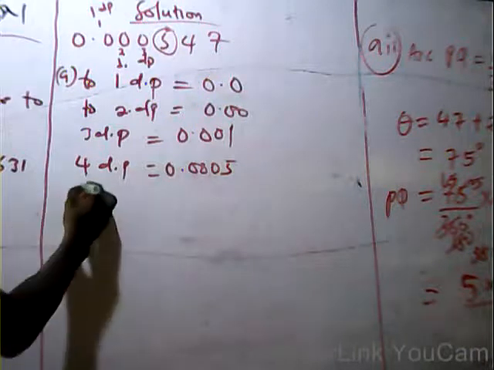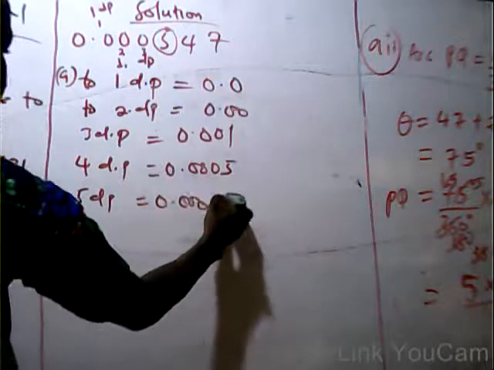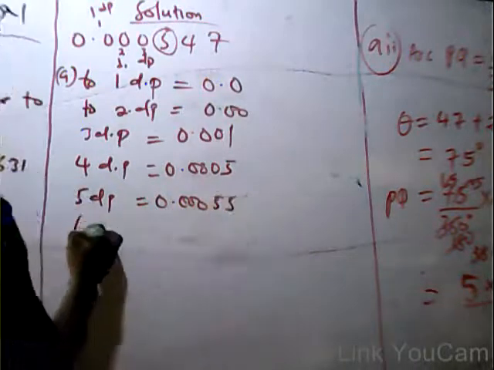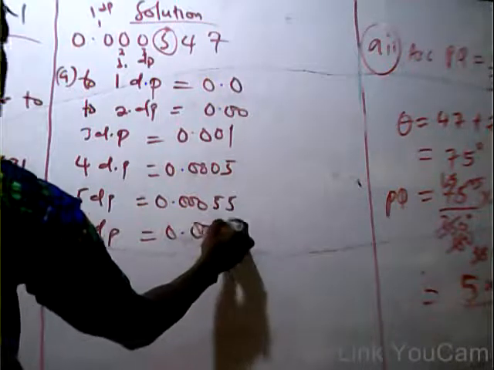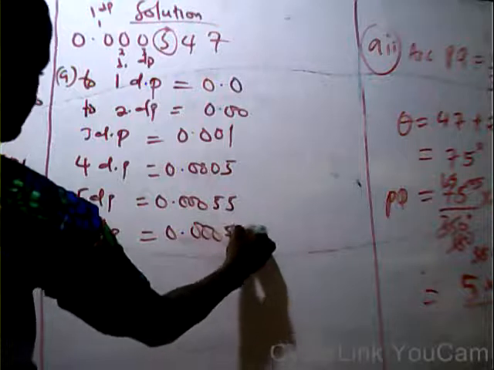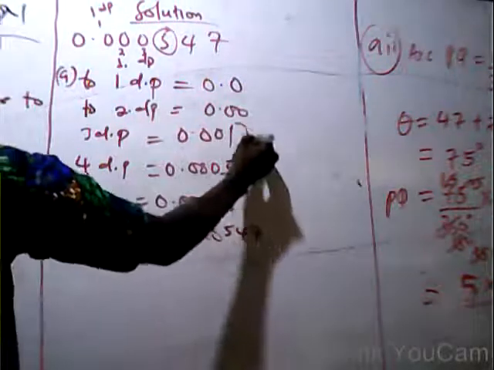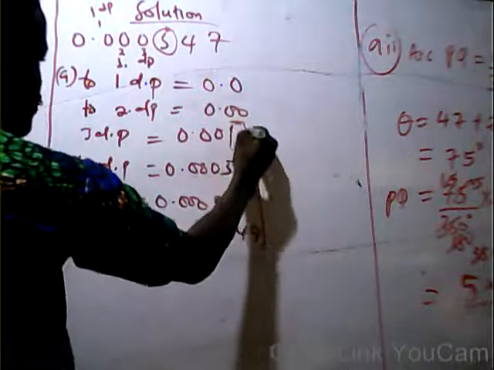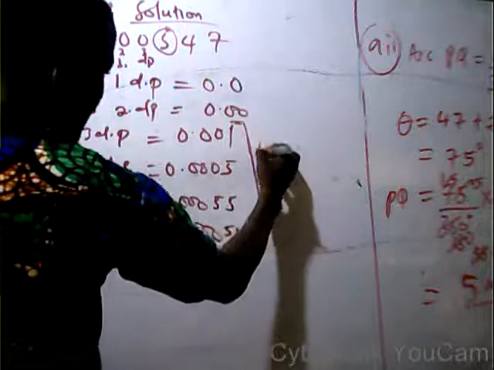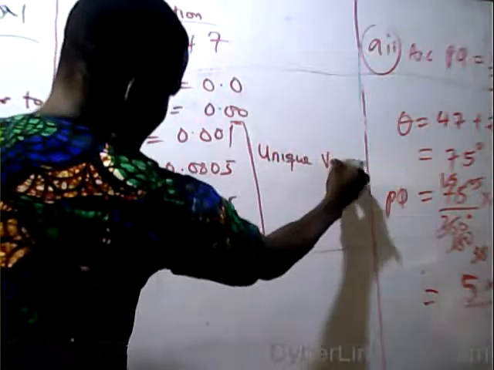Are you getting this now? Then to 5 dp, we have 0.00055. Then 6 dp, which is the given question, that is 0.000547. So starting from here, we have unique values or answers.